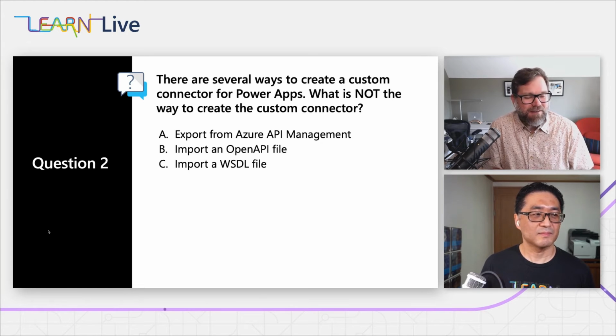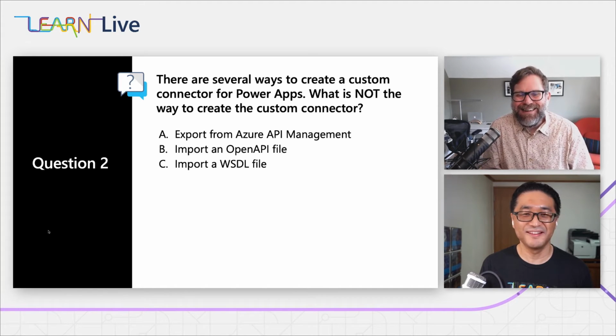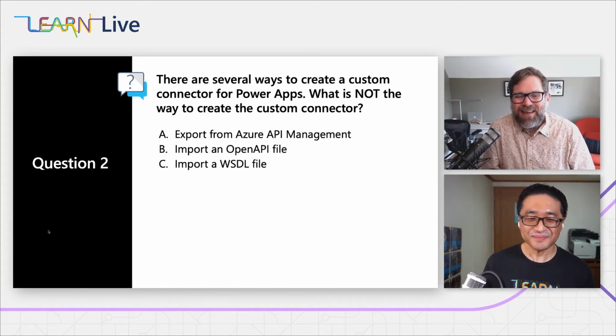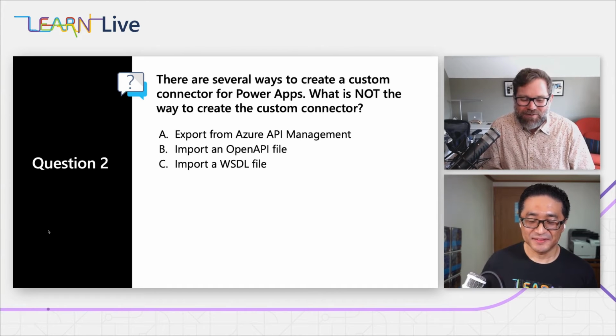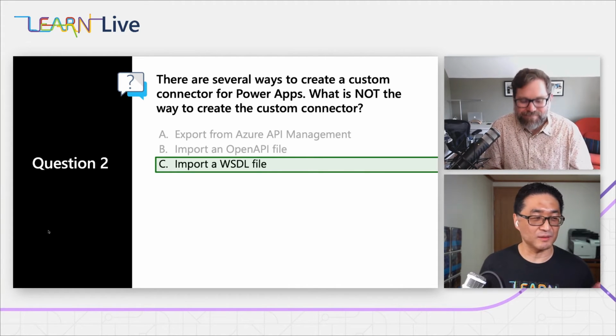That's what WSDL stands for, Justin? I think so. Are you as old as I am? A very, very old-fashioned way. Yep. So can we not import a WSDL file? That sounds about right to me. And our audience 100% chose option C, which is really good.